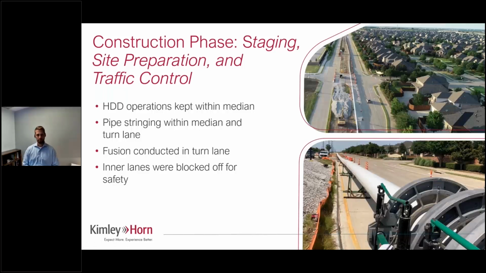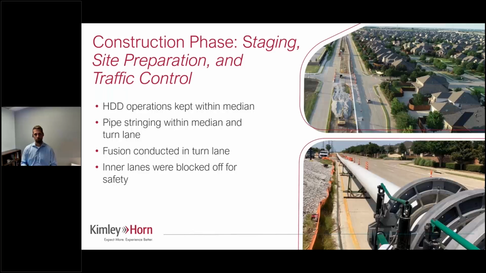So this project ended up advertising back in September of 2019, and by the time they got ready to build it, it was April of 2020. We all know what happened around that time period. So obviously COVID had become a thing, and there was not nearly as much traffic on the road. So ultimately at that point, the contractor requested to be able to shut down a lane of traffic in each direction for additional contractor safety and to minimize some of the risks.